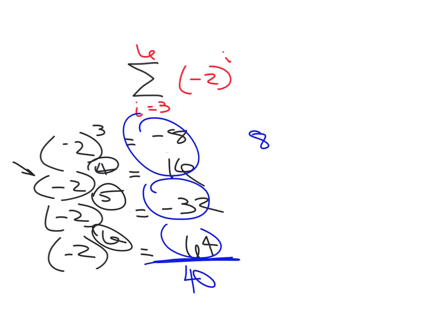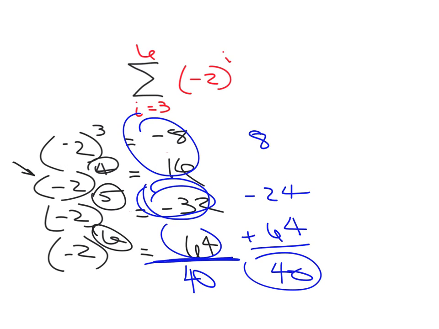So this is 8, and then we're going to add negative 32 to it. I'm sorry, I said 40, that's not right. Negative 32 plus 8 is negative 24, plus 64 is the 40 that I got there.